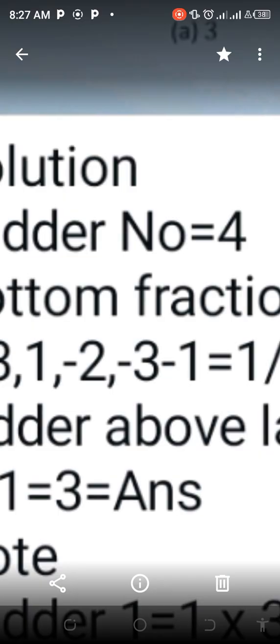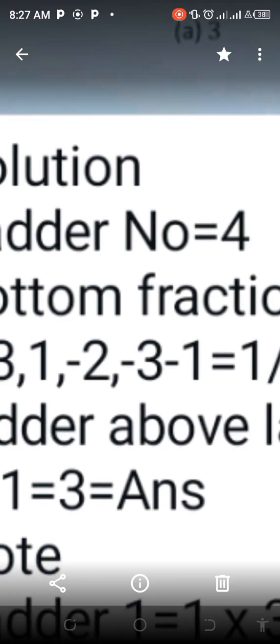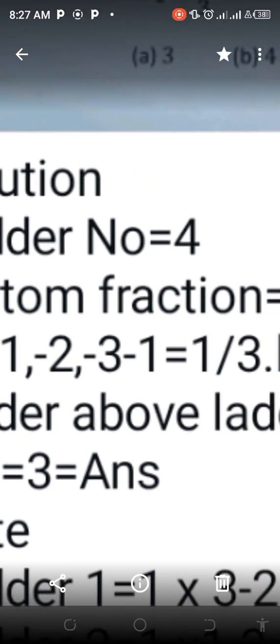In this case, we have minus 3 plus 2, and minus 3 plus 2 is equal to minus 1.